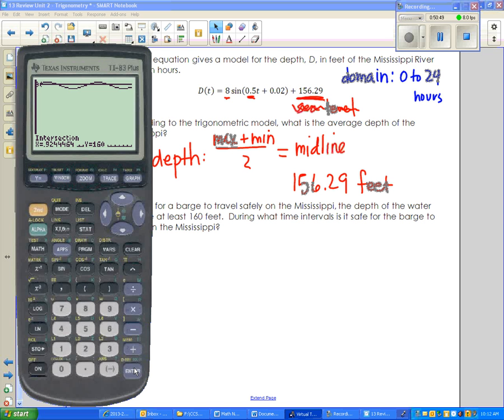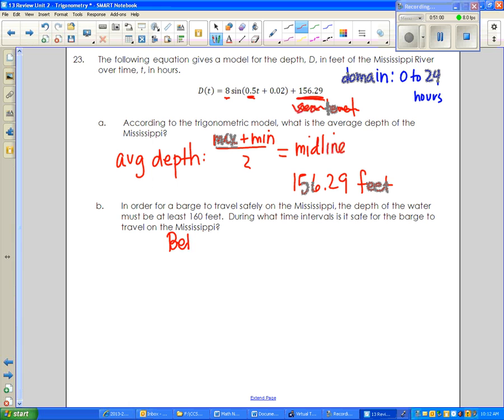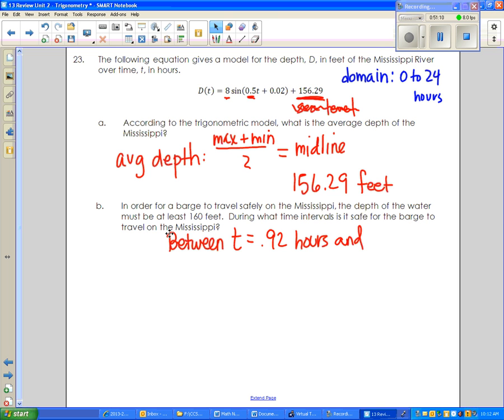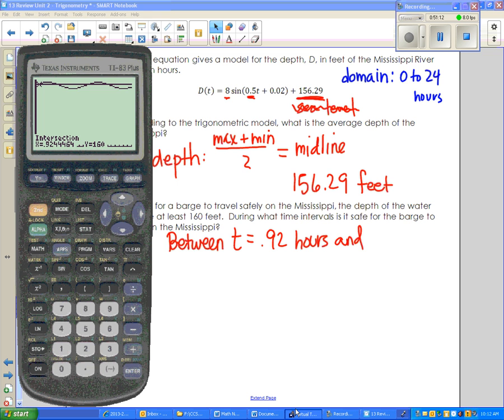I can see that the first time period is going to be when t, in this case on the calculator obviously it's x, but on our problem it's t, is 0.92 hours. So it's an interval, so between t equals 0.92 hours, and we're talking about hours after midnight. So we're like barely 1 a.m.